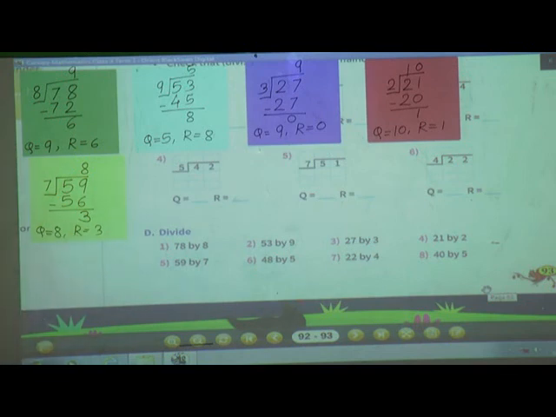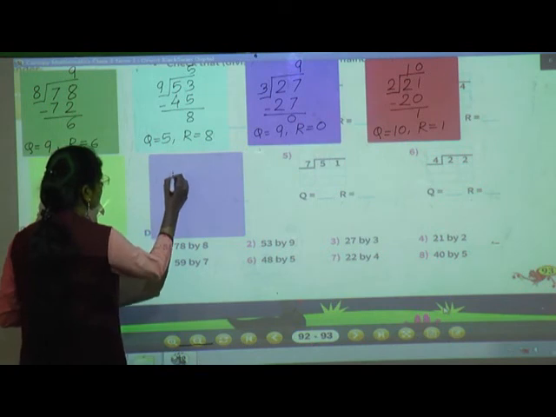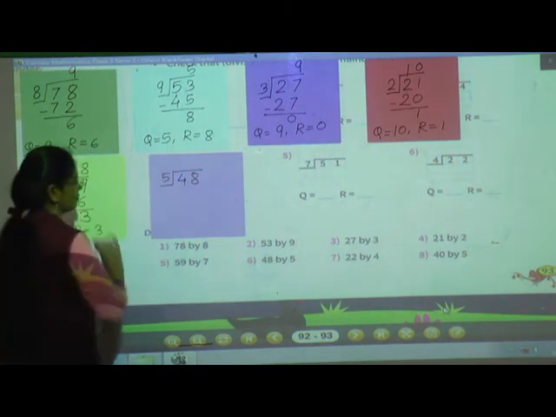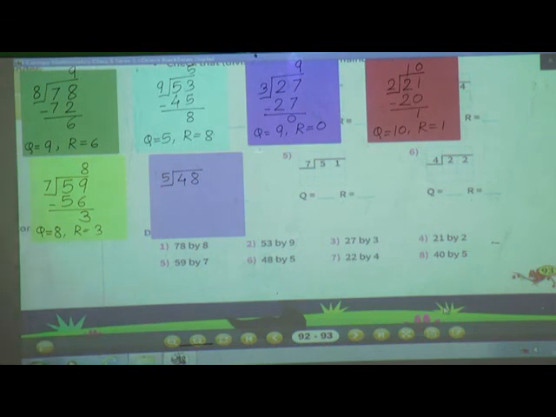Okay. Now one more example we will take, and the remaining last 2 examples you have to solve on your own. Now see the sixth number, 48 divided by 5. Now see the table of 5.